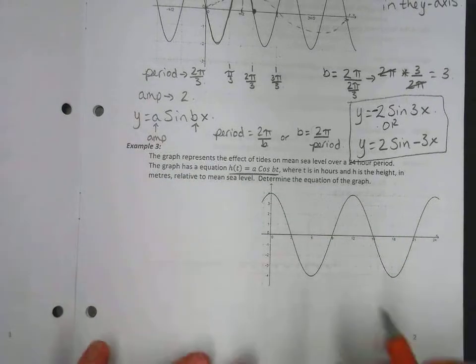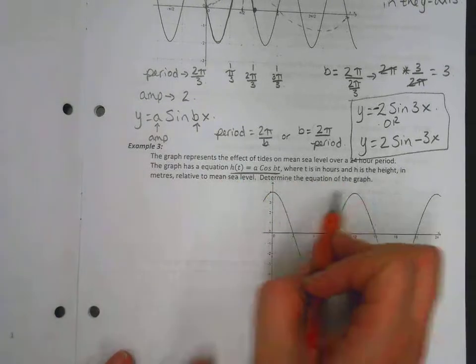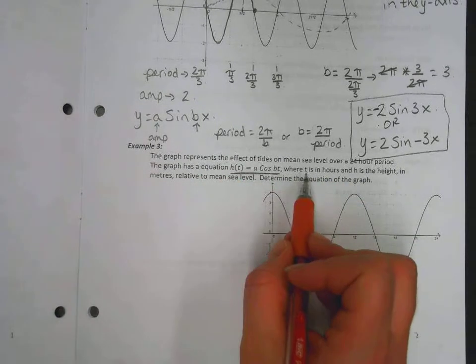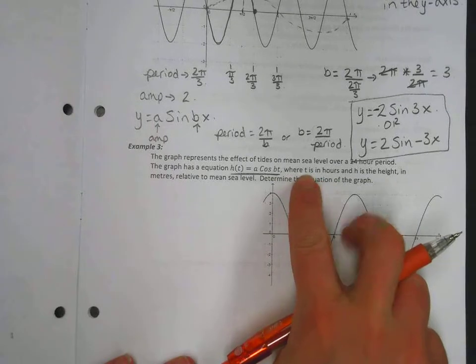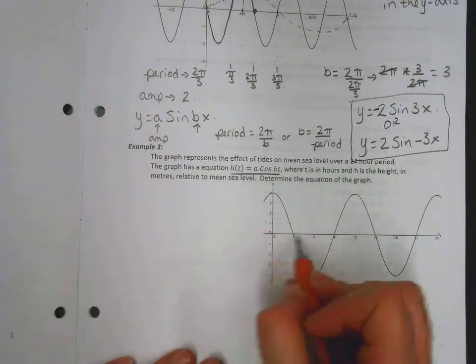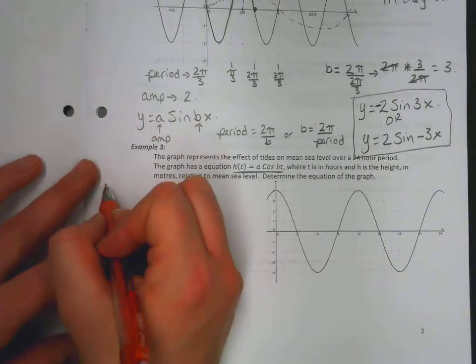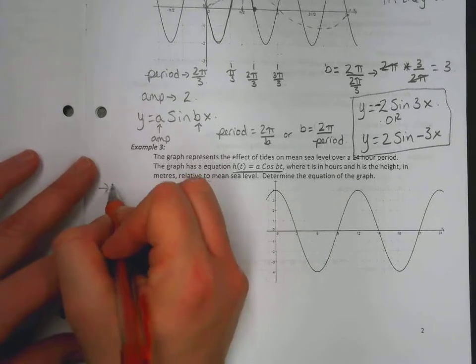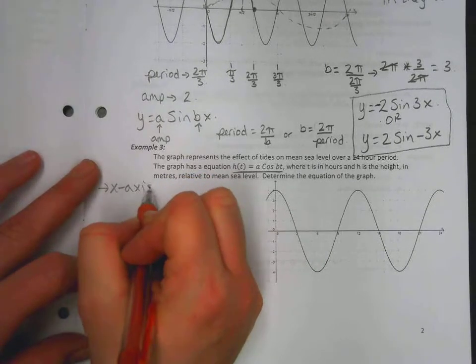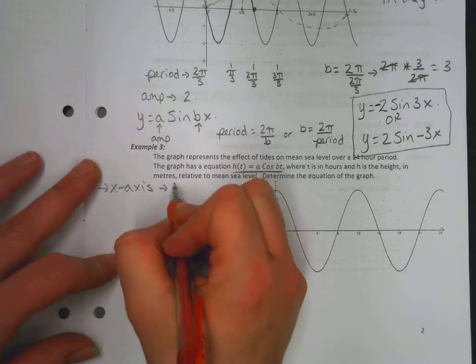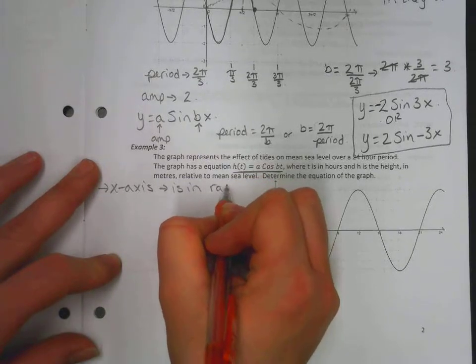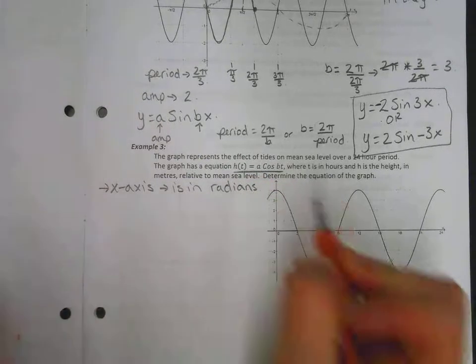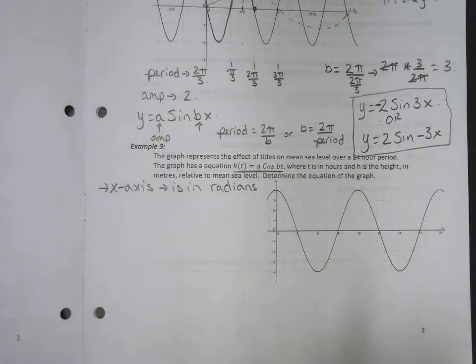Whenever we're comparing two things like time and height, these values have to be in radians. So the x-axis is in radians. Because remember, radian measure is just a number, whereas degree measure is an angle, right?